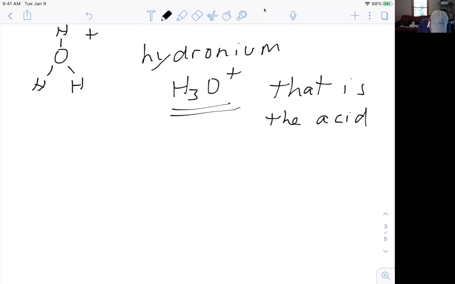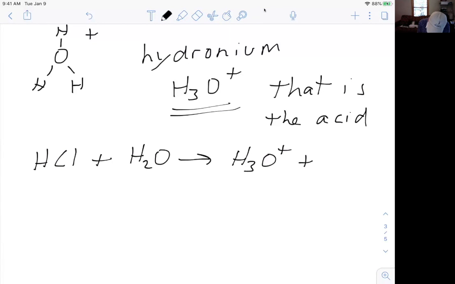Here's the reaction that actually takes place. So we have HCl plus water yields H3O plus and Cl negative.